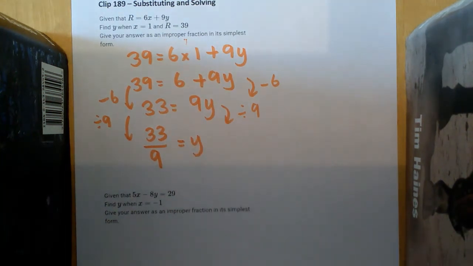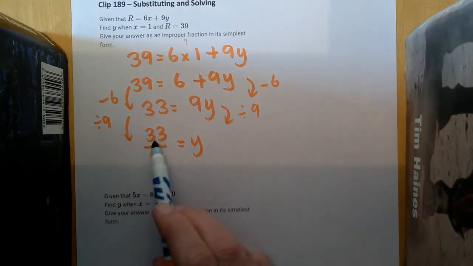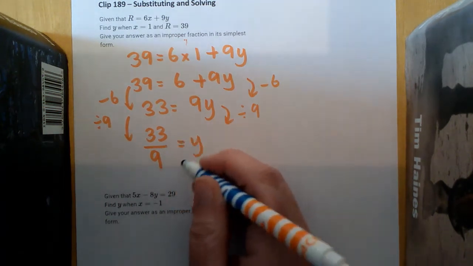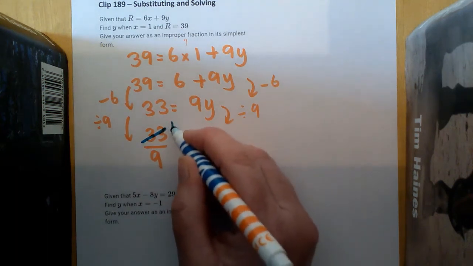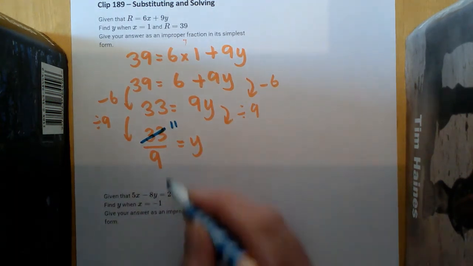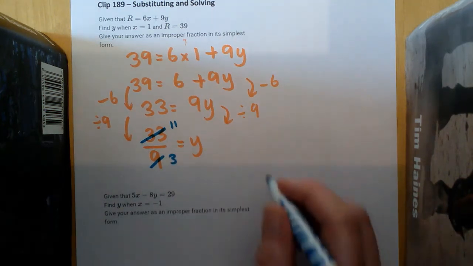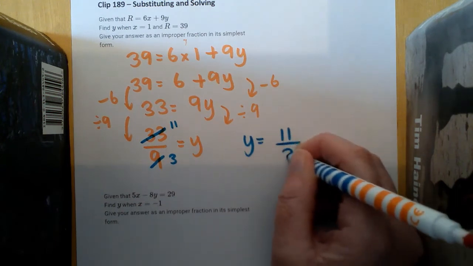However, I've not quite finished yet, because I've got to leave it as a fraction in its simplest form. We know that 9 and 33 are both in the 3 times table. 11 threes give me 33, so that's 11. And 3 threes are 9, so that's 3. So my answer is y equals 11 over 3.